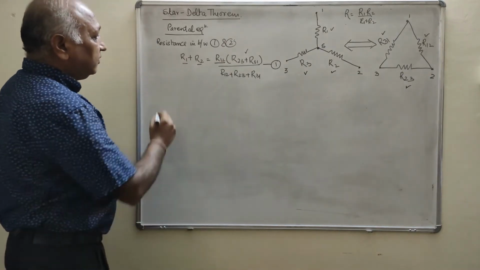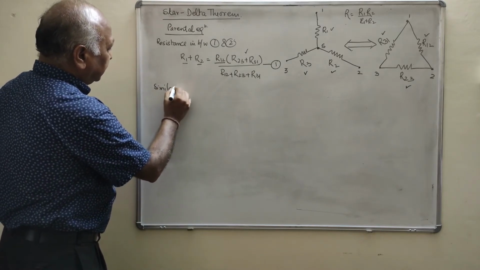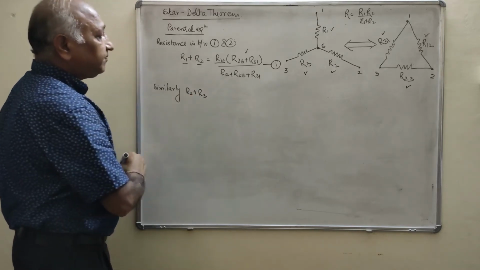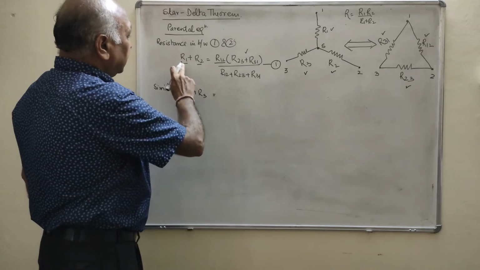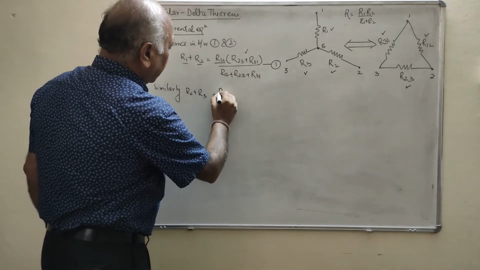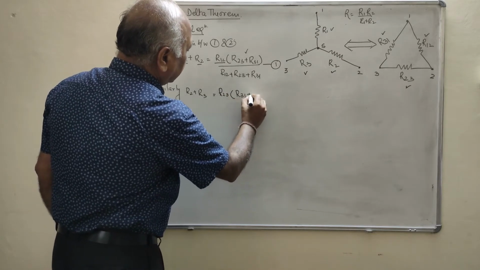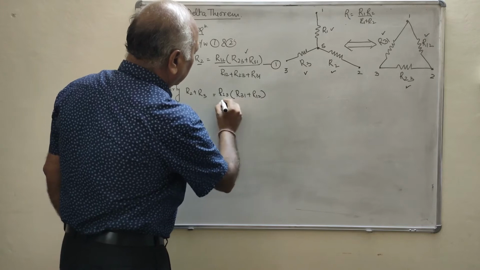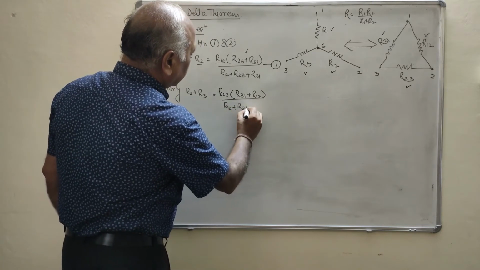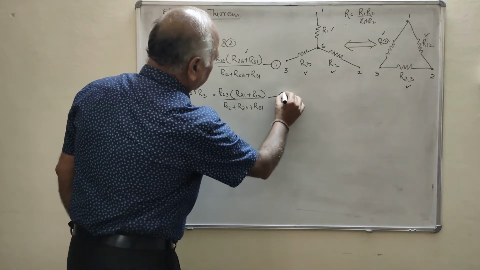Similarly, R2 plus R3 is equal to R23 into R31 plus R12 upon R12 plus R23 plus R31. This is equation number 2.